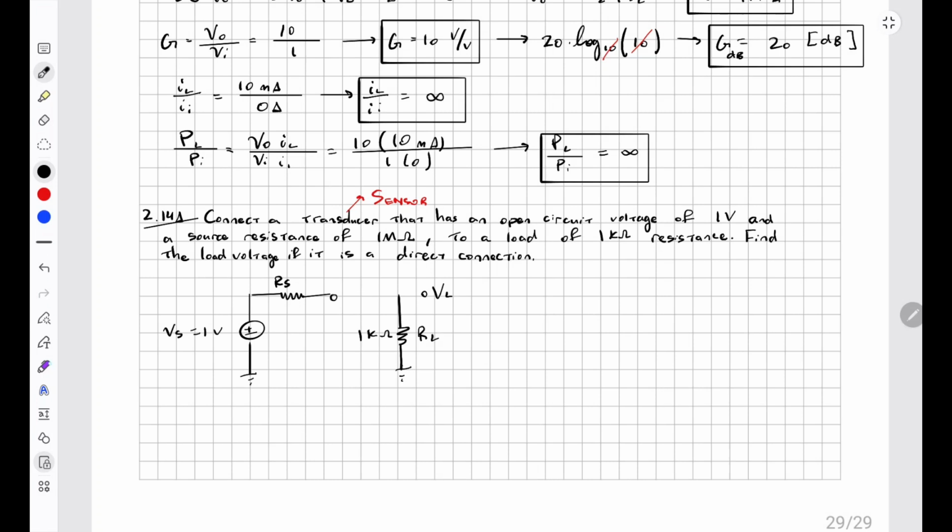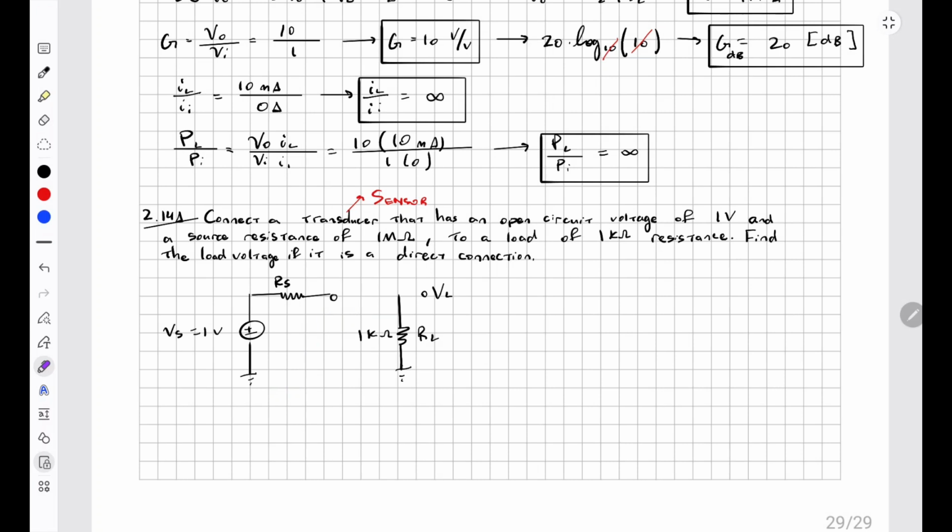That's what the question says. So you don't connect anything to here. There's no current that passes through, in or out of this sensor. And so open circuit voltage would be 1 volt.